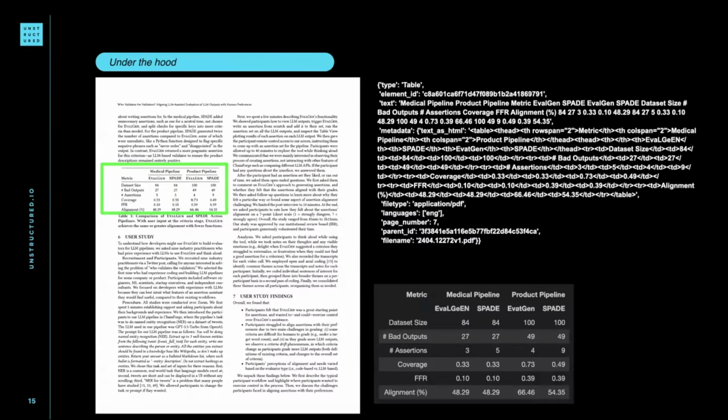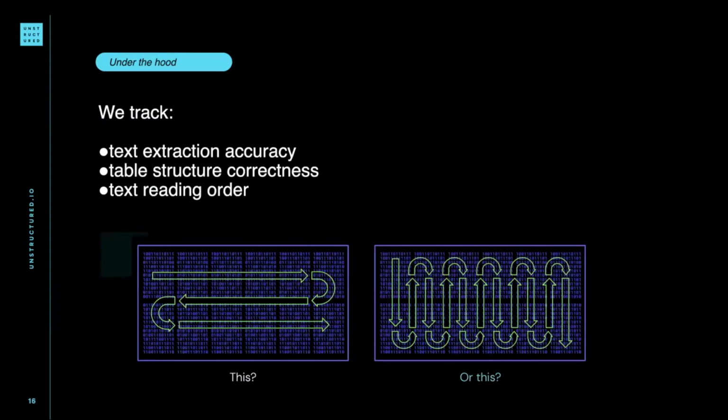Now I mentioned that to extract text from PDFs and other image-based documents, we use our own fine-tuned OCR and document understanding model on the API side. And I wanted to show a couple of metrics that we track for those models when we fine-tune them, how we evaluate their quality. The first one is pretty obvious, the text extraction accuracy.